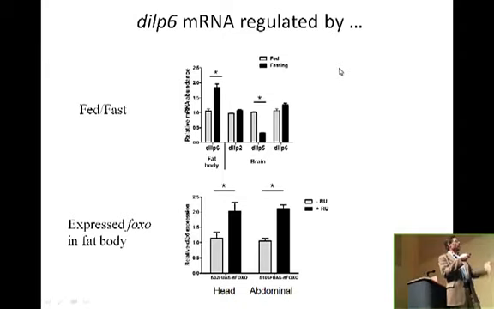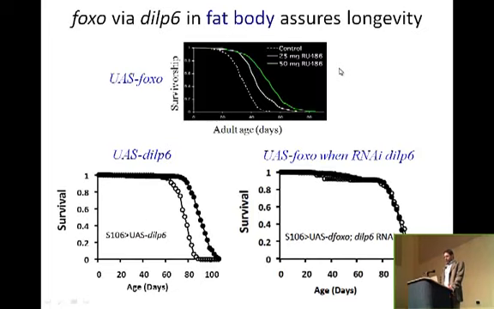And, as I showed for larvae, DILP6 is regulated by FOXO. So if we overexpress FOXO in fat body, in the head or the abdomen, we increase DILP6 message. So express FOXO, increase DILP6 message. This should start to sound a bit familiar. I showed you before that if you overexpress FOXO in fat body, top panel, you extend lifespan.